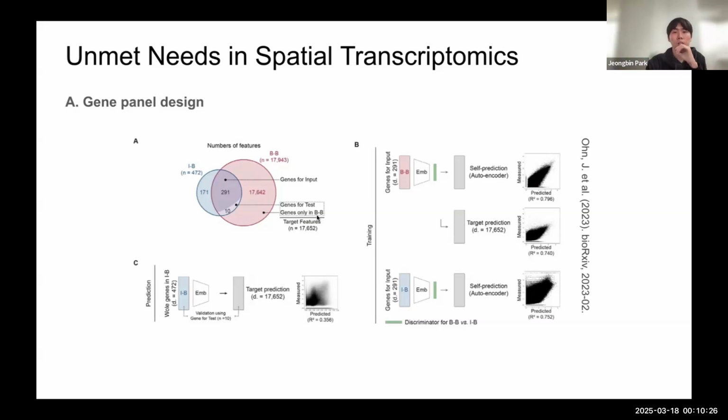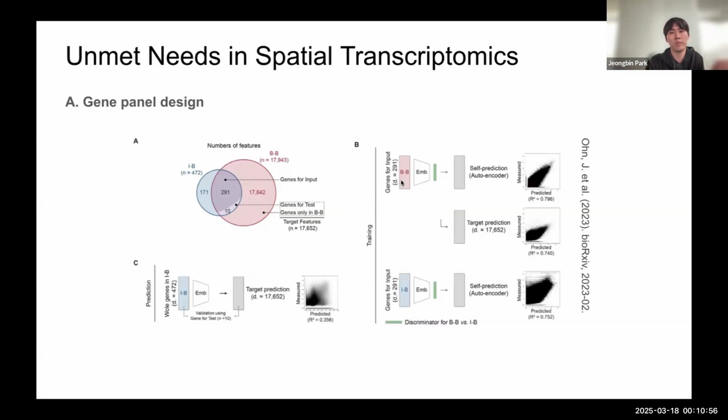So when we focus on the intersected genes between them, we can make a model to predict the other genes from the intersected genes. For example, this model predicts the other genes from the intersected genes, and this one predicts this type of gene expression pattern as the barcode-based one.